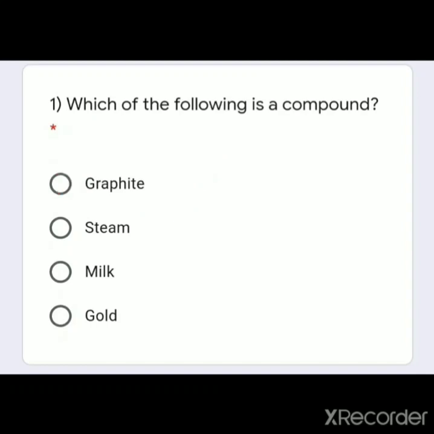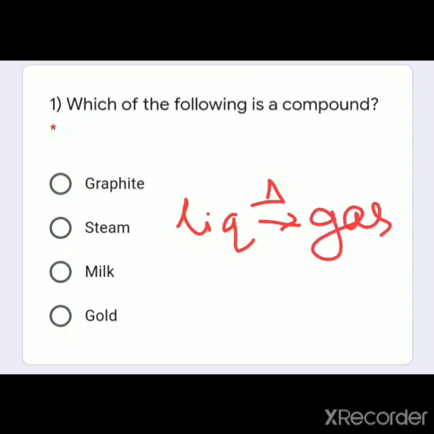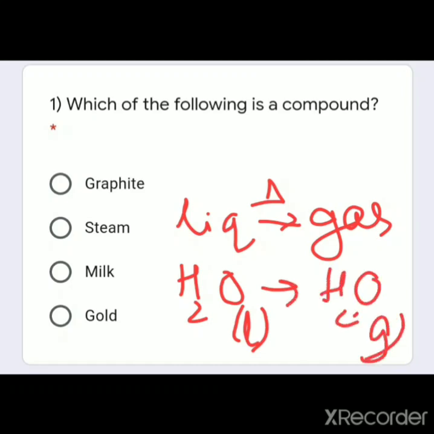Second option, steam. Steam is a form of water. That means water in the liquid state, when it is heated or boiled, is converted into the gaseous state. It is a physical process, and in this process the liquid water is converted into water in the gaseous state.